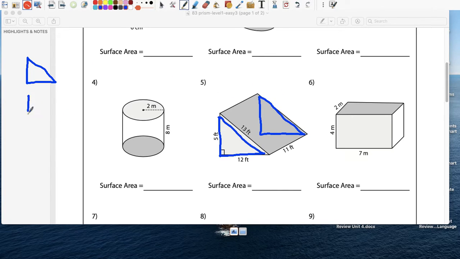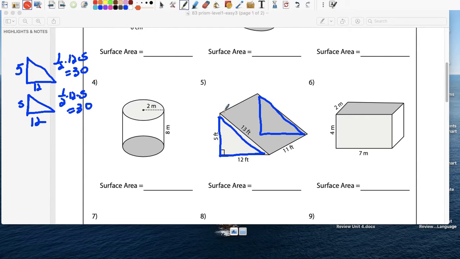So we have 2 triangles. The height is 5, and the base is 12. So half times base times height. They're 2 exact triangles. 12 times 5 is 60 divided by 2, so this equals 30, and this equals 30 feet squared.